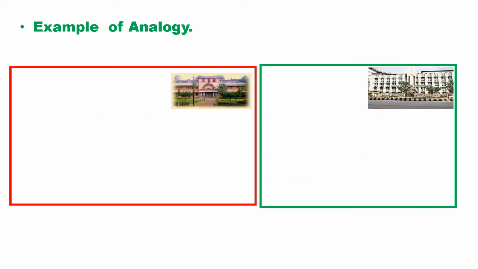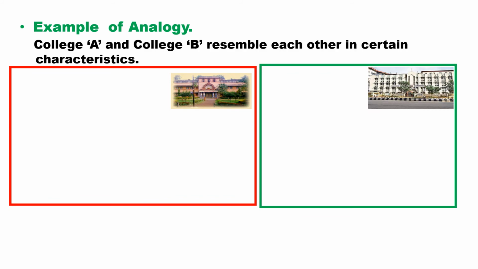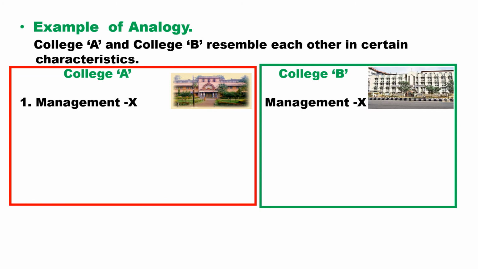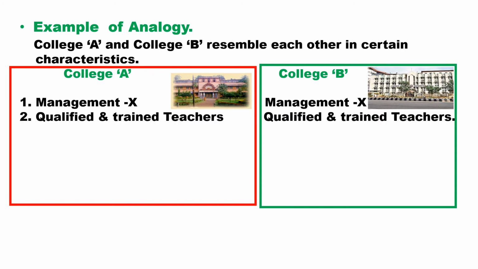Let us take an example of analogy. College A and College B resemble each other in certain characteristics. Let us see in what characteristics they resemble. First, the management in College A and College B is the same.